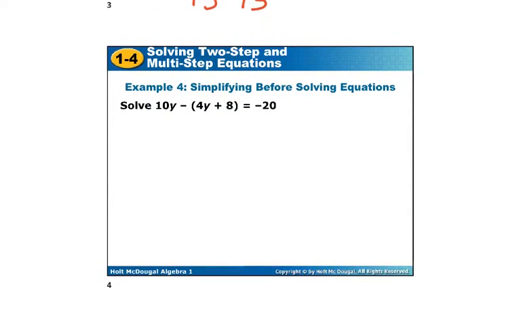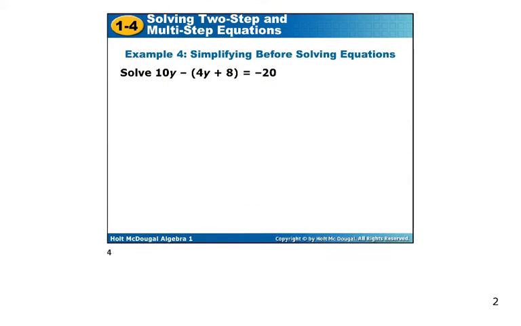All right, then we move on to the next one, and oh my gosh, instead of just combining like terms, they also have distribution in this one. First we try to combine like terms, but notice that this 4y is inside of those parentheses, so we can't really do that. Instead, we're going to distribute this negative 1.